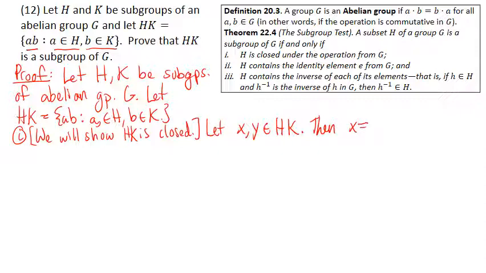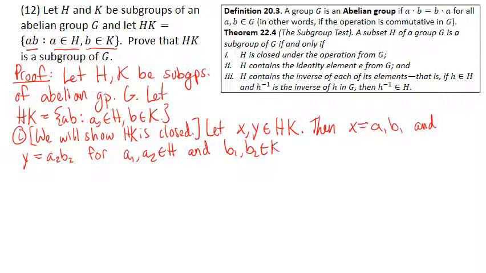So X would equal A1 B1, and Y would equal A2 B2, for A1, A2 elements of H and B1, B2 elements of K. So everything that's in HK is supposed to have this form.